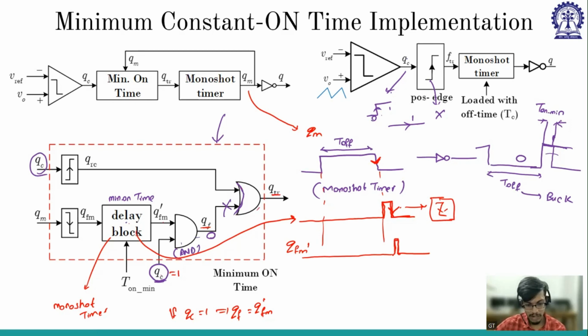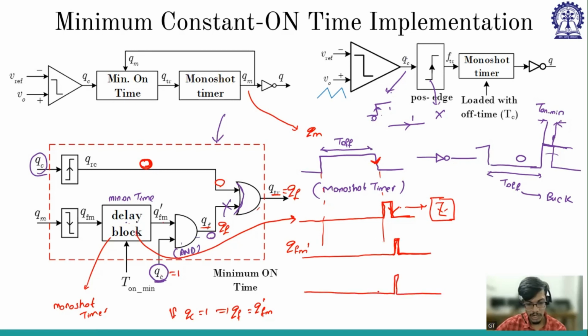As we are doing the OR operation, this will have a trigger. QC will detect a rising edge. If there is no rising edge, this will be 0. So if this is 0 and this is QF, then the output QTR will be QF, so the output will see a trigger.